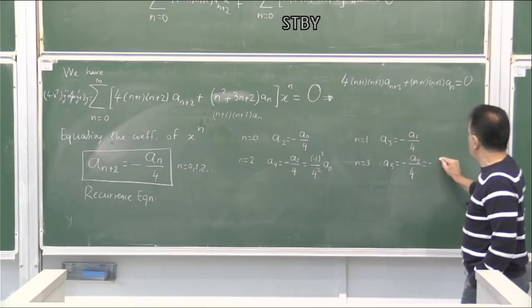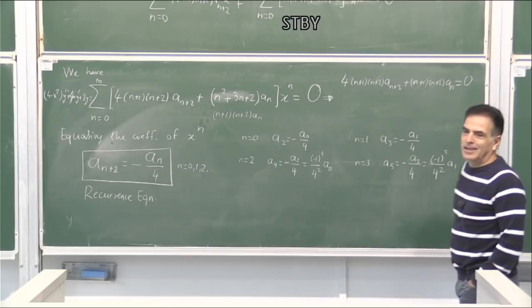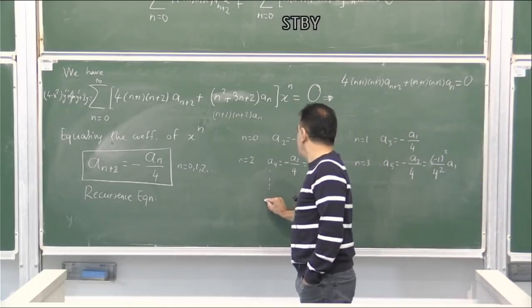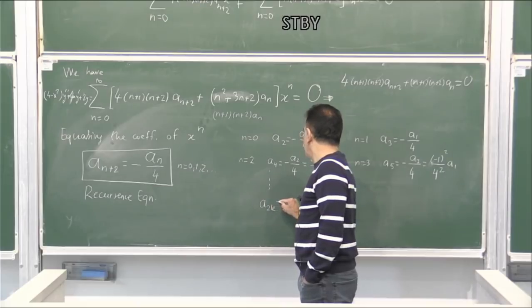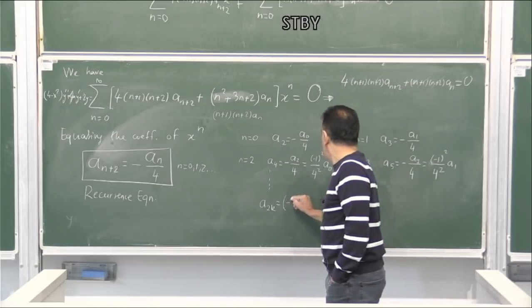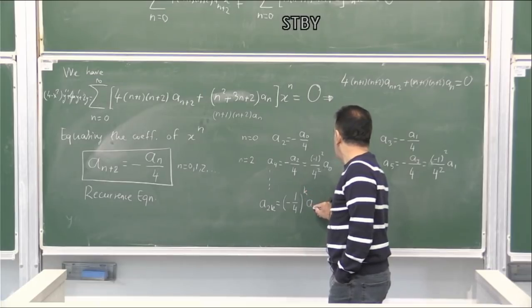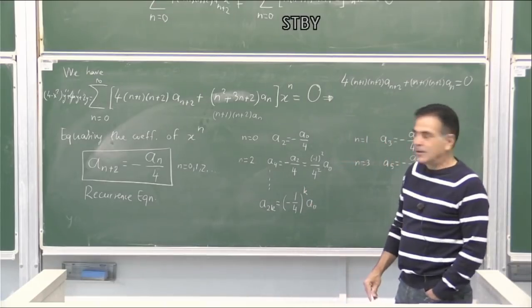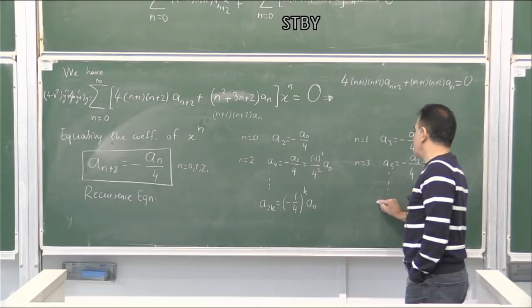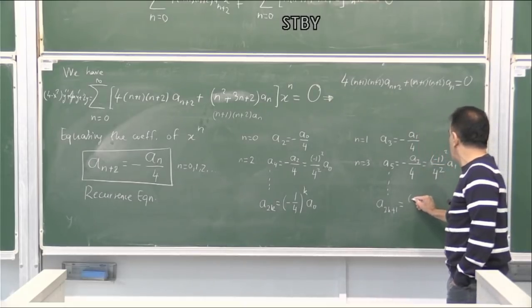But a3 is known, so minus 1 squared over 4 squared a1. So obviously, we see that a2k is written in terms of a0 of the form minus 1 over 4 to the power k a0. Good. And similarly, the coefficients with an odd index are all written in terms of a1 in that form.